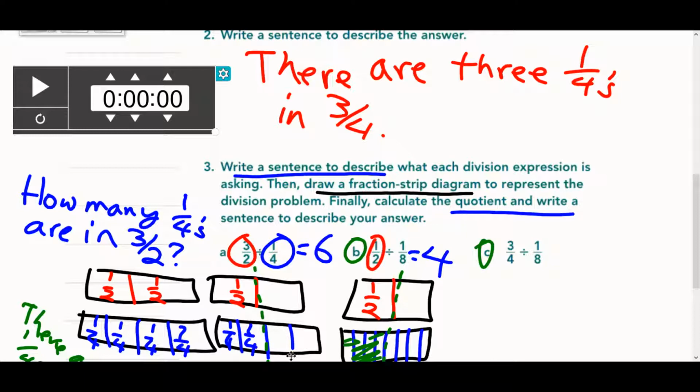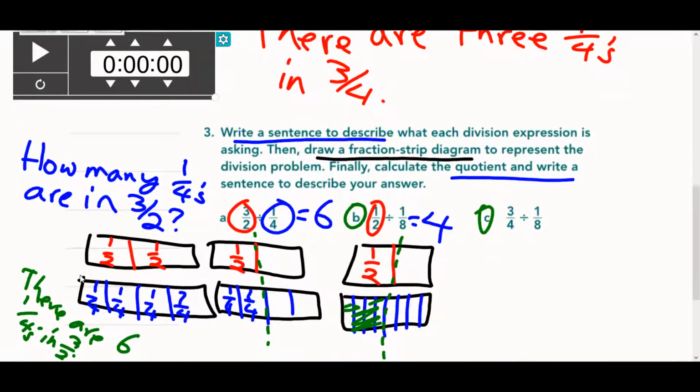Now, all I'm worried about is this area right here, because I'm asking how many 1/4 fit inside of 3 halves. So I've got 1, 2, 3, 4, 5, 6 would be my answer. So there are 6 1/4 in 3 halves. If you want to think about a game, like a football game or a basketball game, there are 2 quarters in each half. So if you have 3 halves, you've got 6 quarters to play.